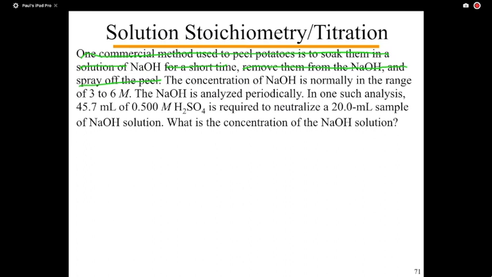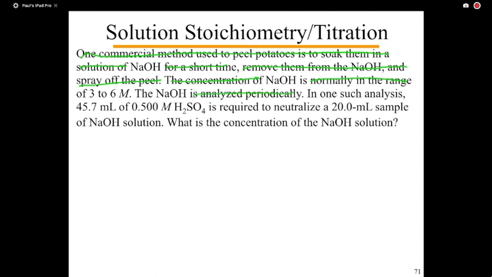Okay, who cares? It's kind of interesting, but does nothing for you to the problem. Okay, the concentration of sodium hydroxide is normally in the range of this to this. Okay, that's just background. All right, so the sodium hydroxide is analyzed periodically.